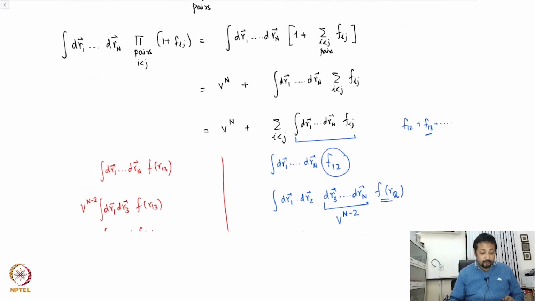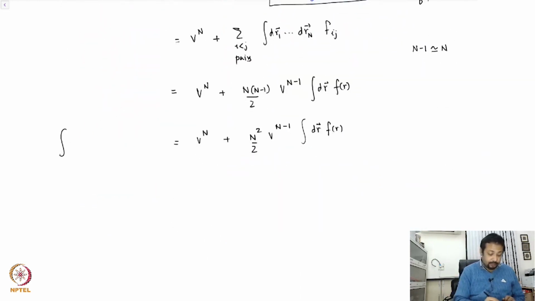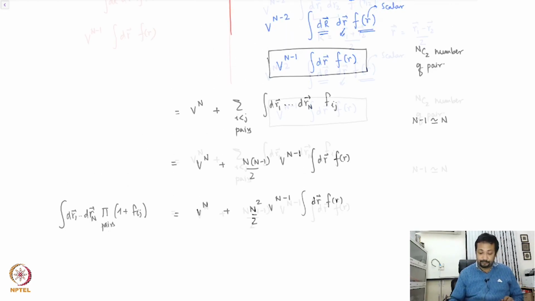Let's see. So this integral, the integration of dr1 through drn, product over 1 plus f of ij, pairs with i less than j, is going to be this.